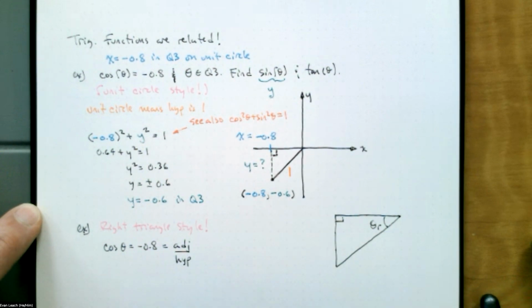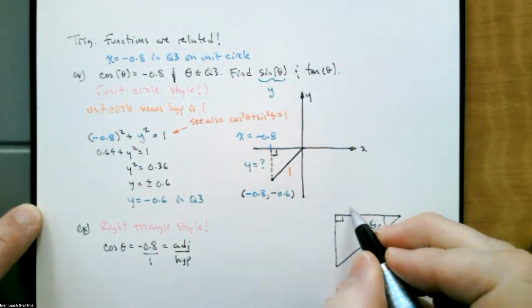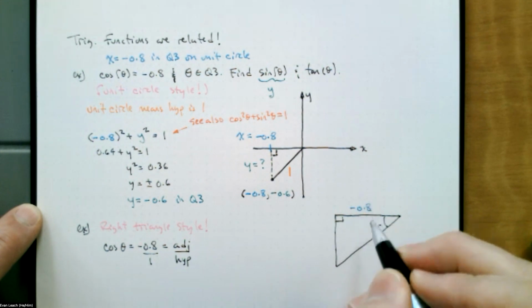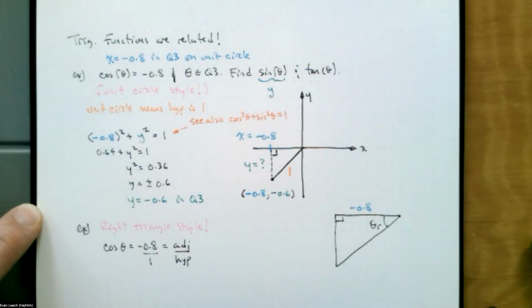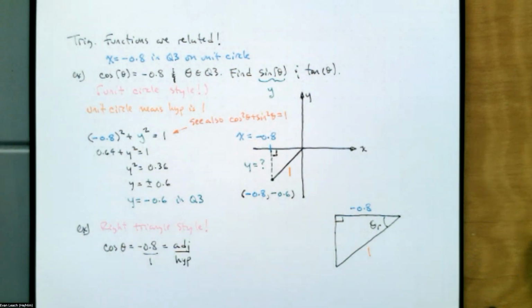So if I read negative 0.8 as negative 0.8 over 1, I'll put an adjacent of negative 0.8 and a hypotenuse of 1. Then I use the same Pythagorean theorem to get the opposite.